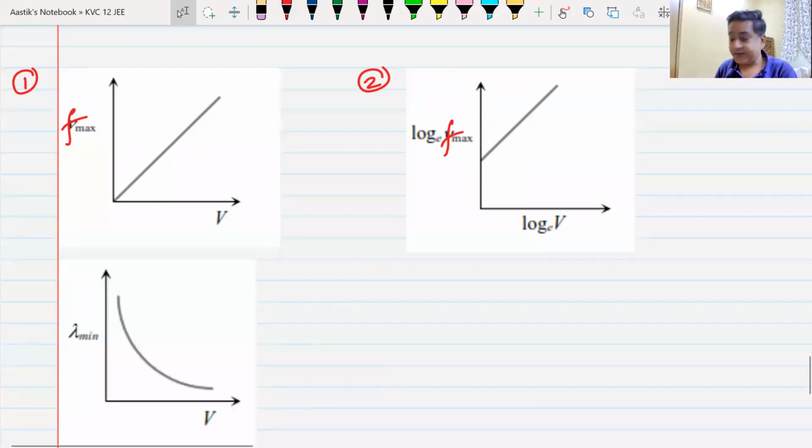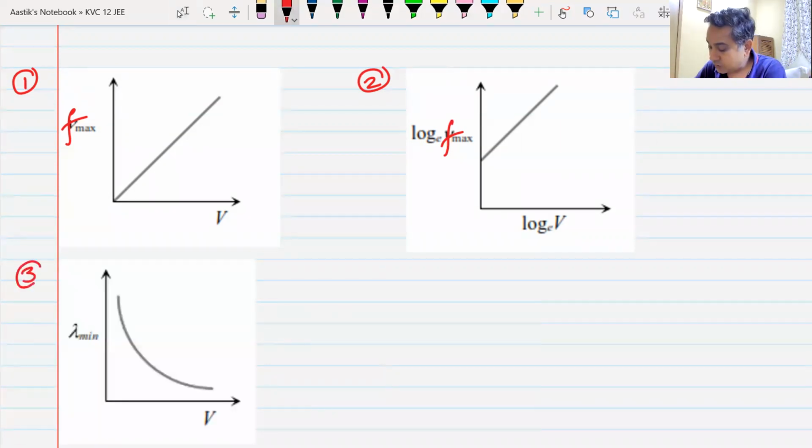This is graph number 3, drawn between lambda min and V, a rectangular hyperbola, inversely proportional.